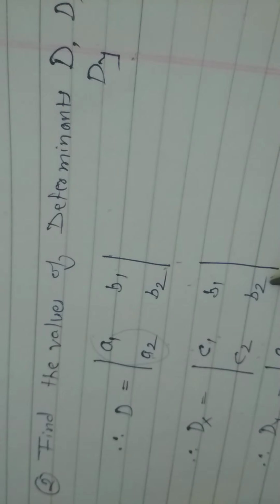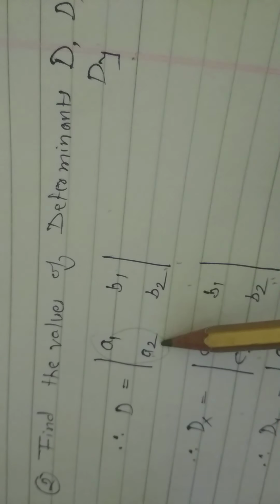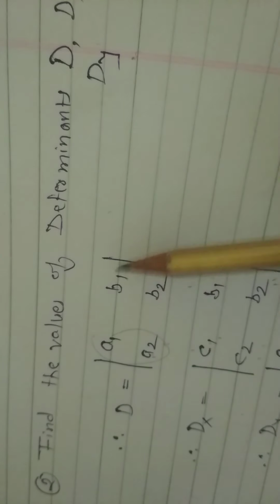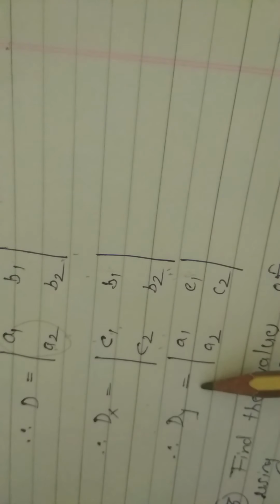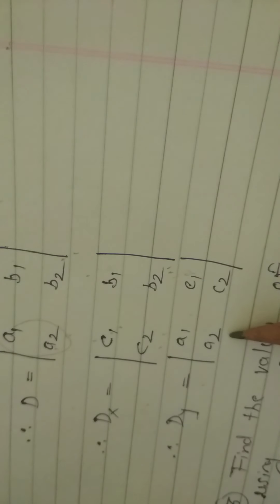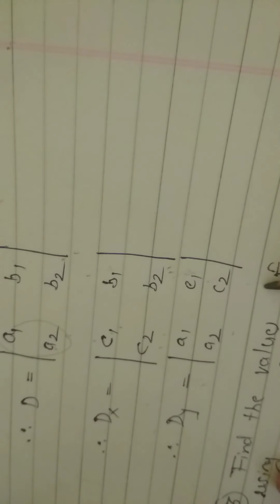How to remember? In place of a1 and a2, c1 and c2 will come, and b1 b2 stay in their same place. Let's see in detail how to find the determinant Dy. We write a1 a2, and in place of the coefficients of y, b1 b2, we will put c1 c2.